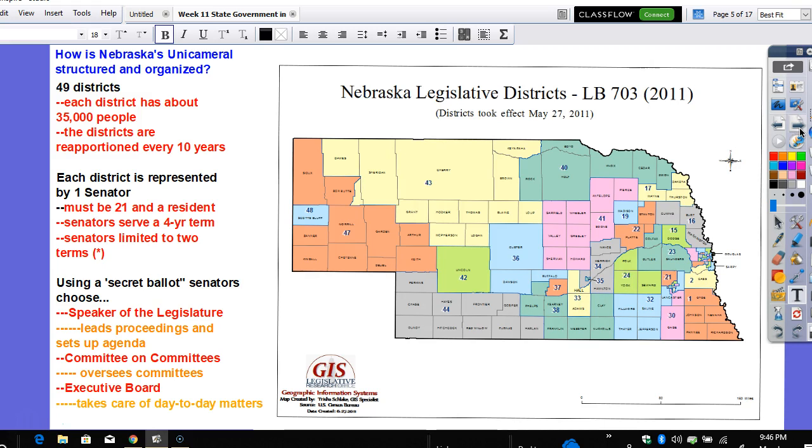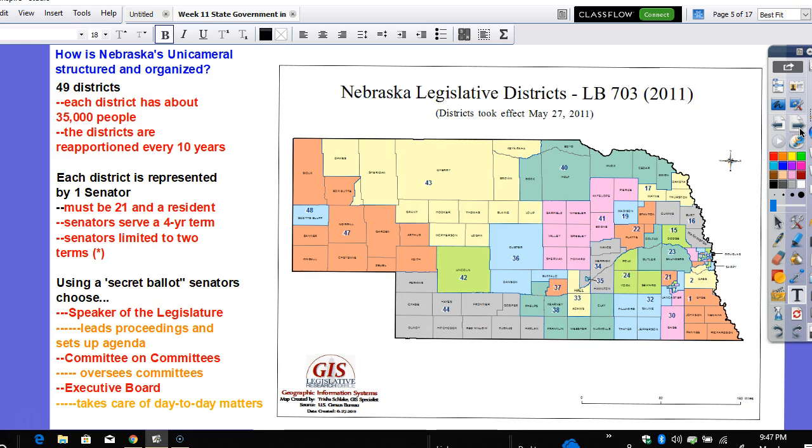Now, we've spent quite a bit of time looking at the national government and how the leadership is chosen in Congress, either in the U.S. House or the U.S. Senate. Here in Nebraska, the 49 senators, by using secret ballot, in other words, not having to reveal who they voted for, choose who the Speaker of the Legislature is going to be.